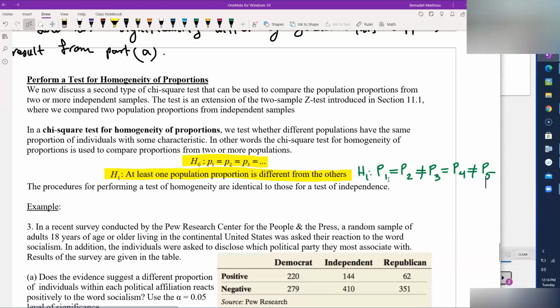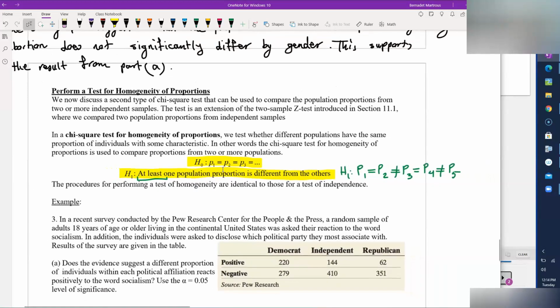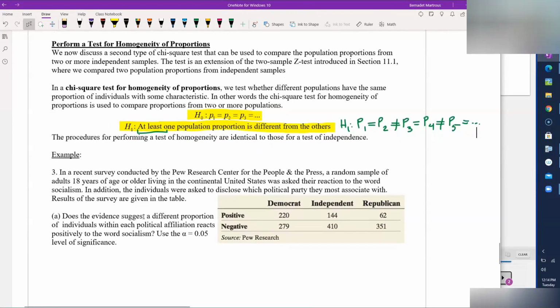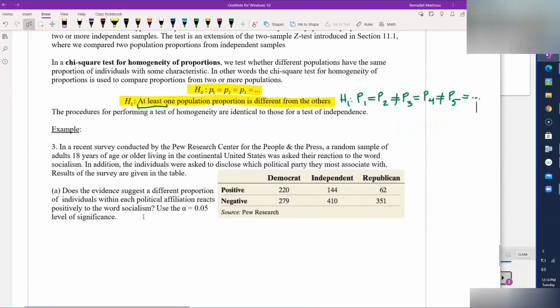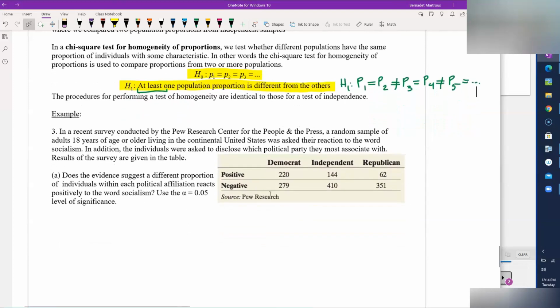But instead of writing it that way, we write at least one is not equal to. Now in this part, we have 3 columns and 2 rows, so it's not 2 by 2, it's 2 by 3.